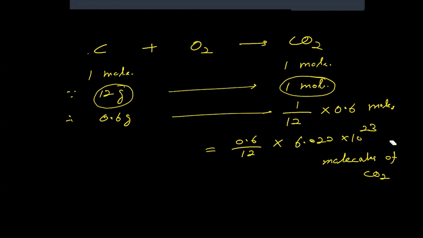Conversion chart is very important. Okay. Means it will be 1 by 20, means 3.011 into 10 to the power 20 molecules of carbon dioxide.